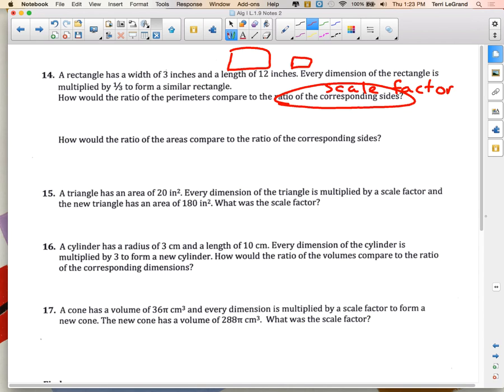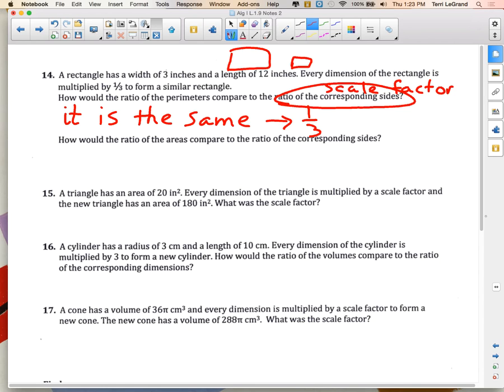So it's the same. 1/3. The ratio of the perimeters is going to be 1/3. We do not even have to find those perimeters, but if we did, and we put the new perimeter over the old, it would simplify to 1/3. So you can, on your own time, test it out and see if it works, okay?